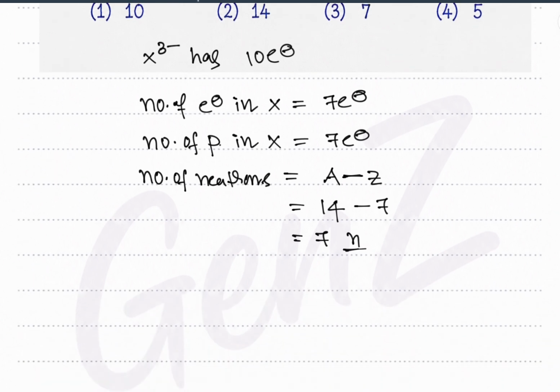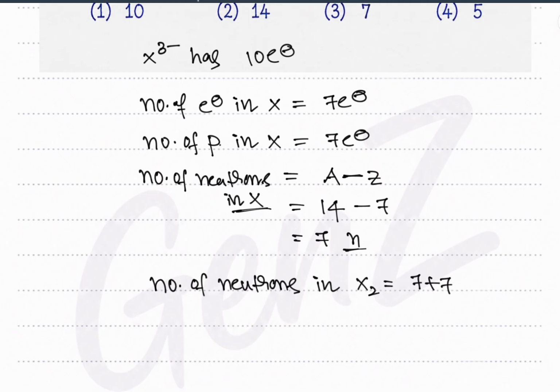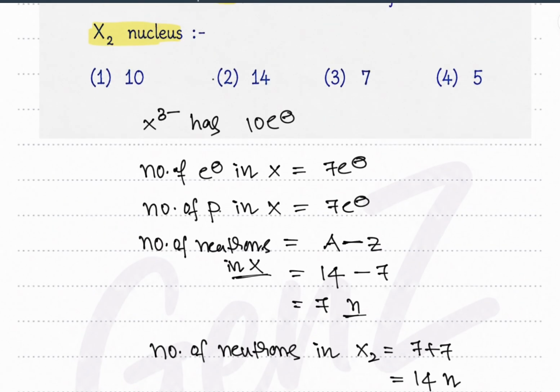So the number of neutrons in X is 7, which means the number of neutrons in X2 is 7 plus 7, that is 14 neutrons. So option 2 is the correct option.